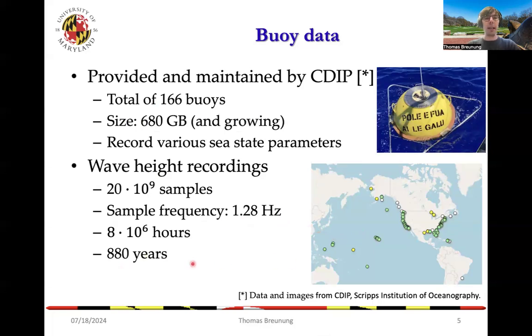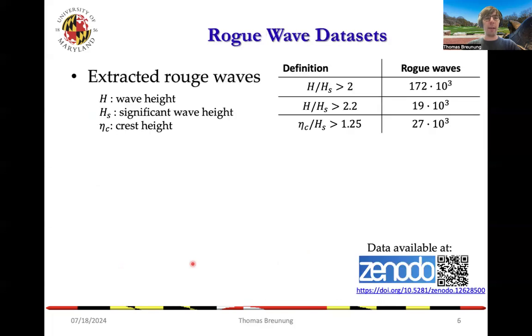And this data we now scan for rogue waves. By the way, you can find the compiled rogue wave data sets online under this link. Now there are different definitions which all relate some kind of local wave height, which can be either the wave height or the crest height, to an average sea state, an average wave height, which is, for example, the significant wave height.